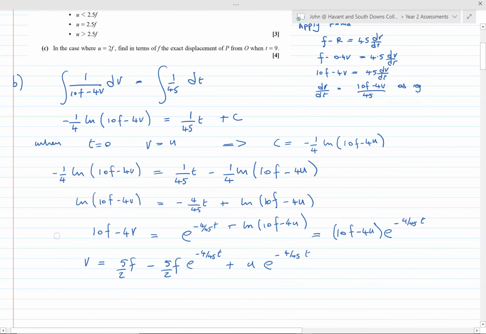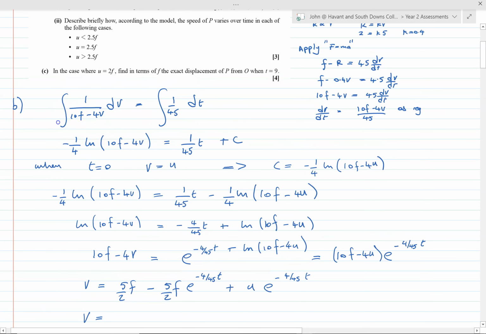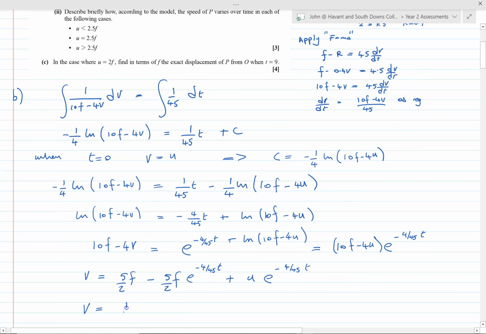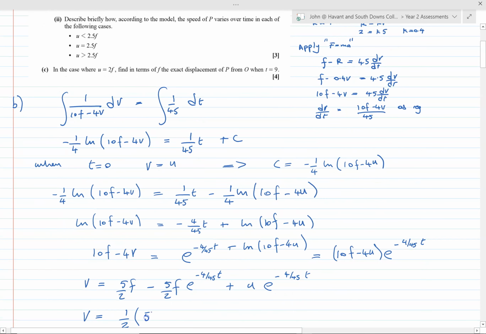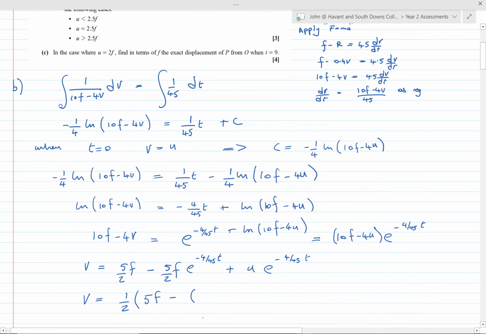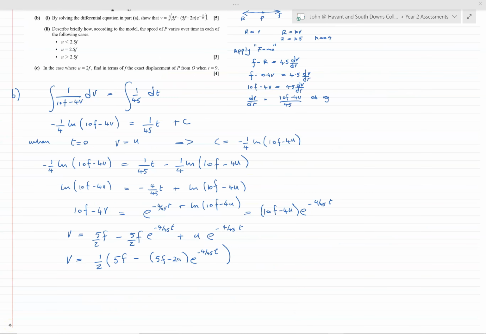I think it's okay to just write the answer down now. So v is equal to half bracket 5f minus bracket 5f minus 2u e to the minus 4 over 45 t.